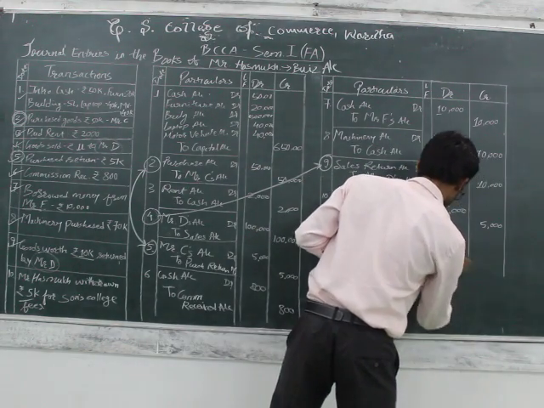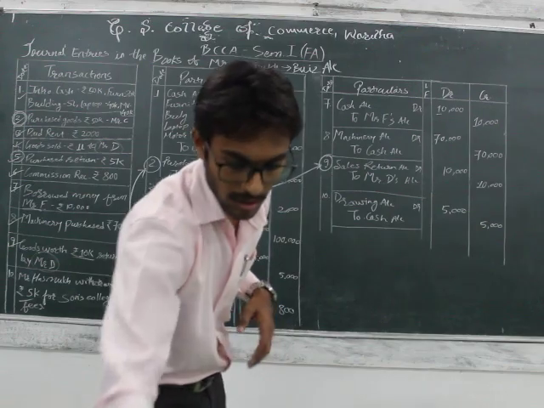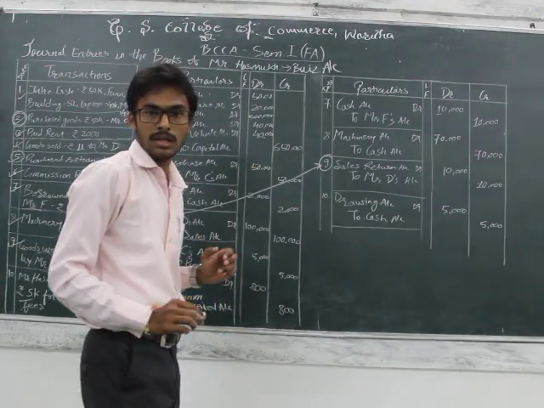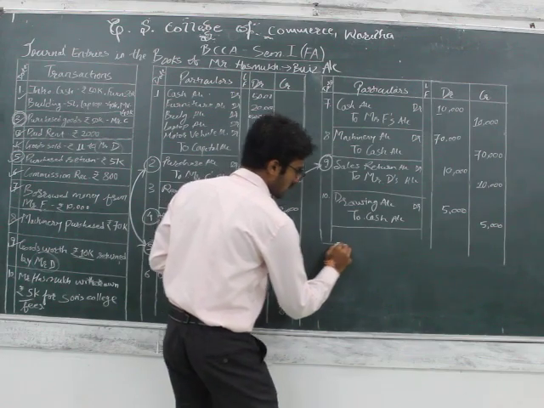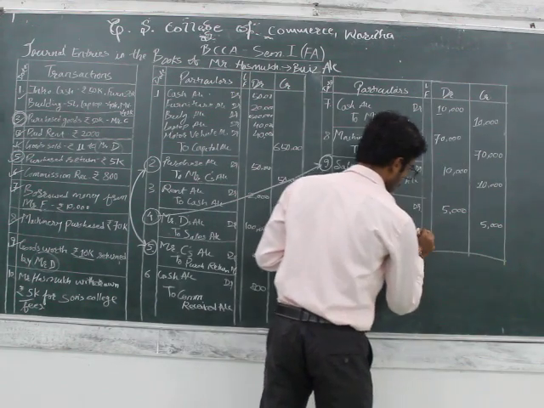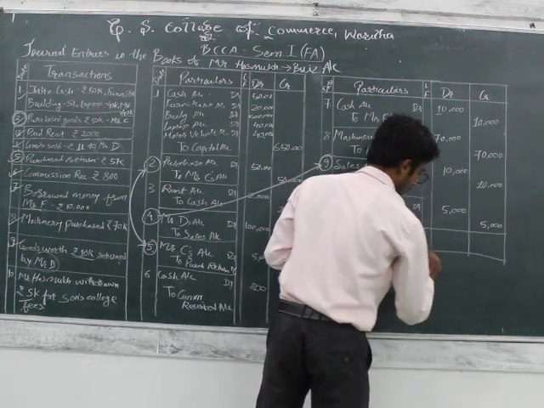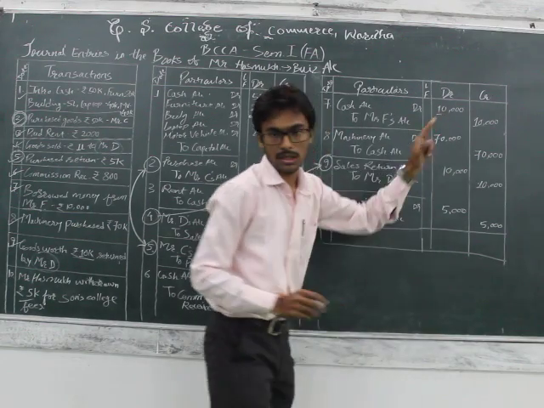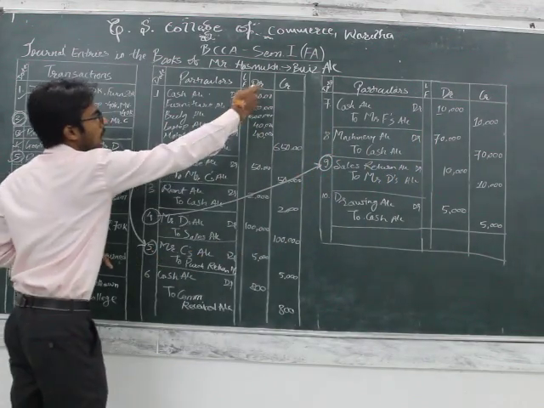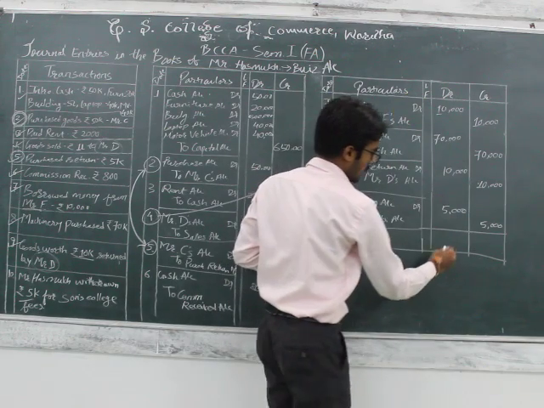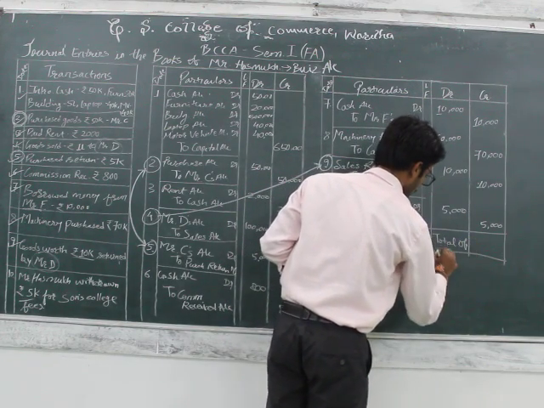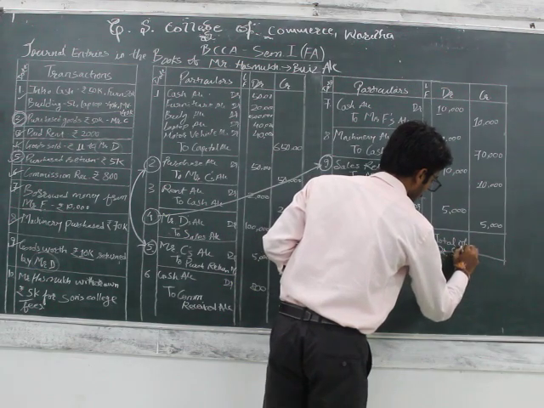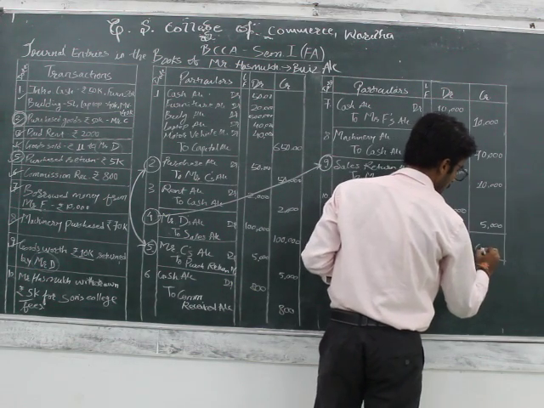But before going to proceed further, how we can conclude this problem? We have to conclude this transaction by totaling all debit side, total of debit side, and here credit side.